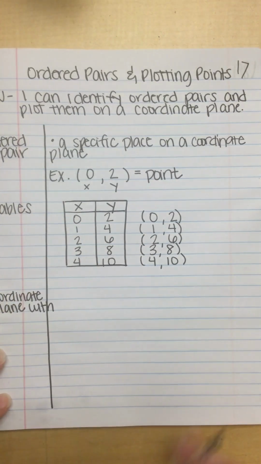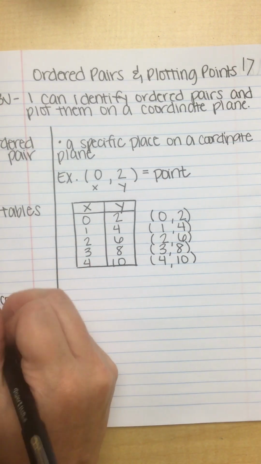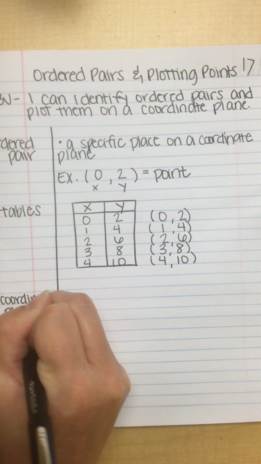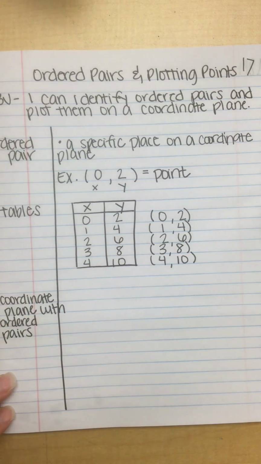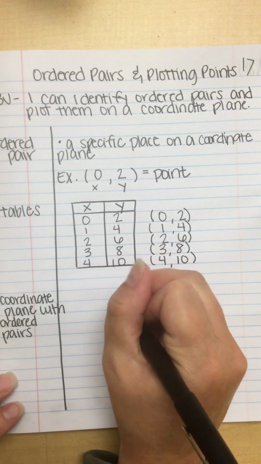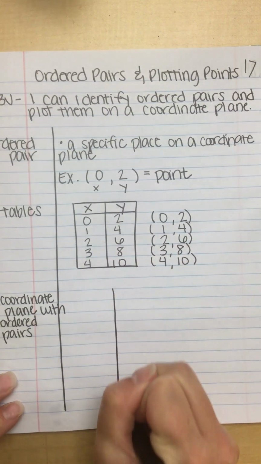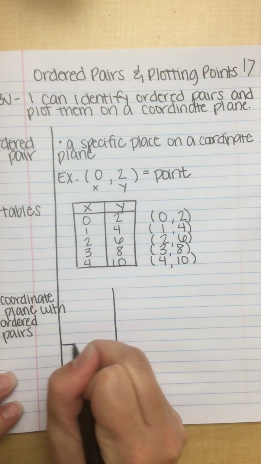So I'm putting coordinate plane with ordered pairs. Now remember, an ordered pair is also a point. It's just specifically where that point is supposed to be on the coordinate plane. So I'm going to draw a coordinate plane here.